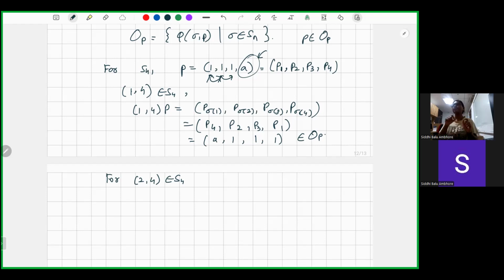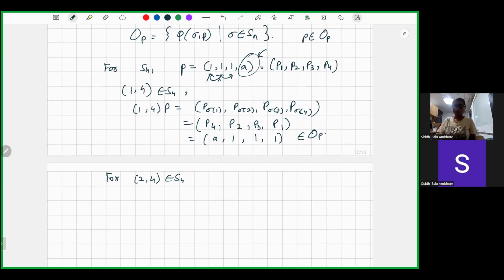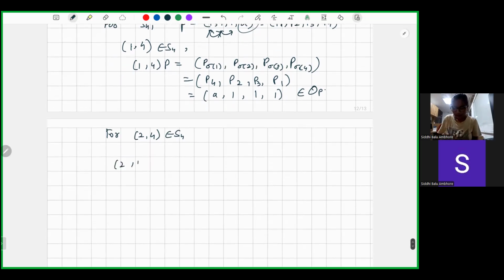So it is like I'm just shuffling these coordinates of P and seeing what are the possible outcomes I get as I make S4 act on this. When I take (2, 4) in S4 and make it act on this P, then it is P sigma 1, P sigma 2, P sigma 3, and P sigma 4.